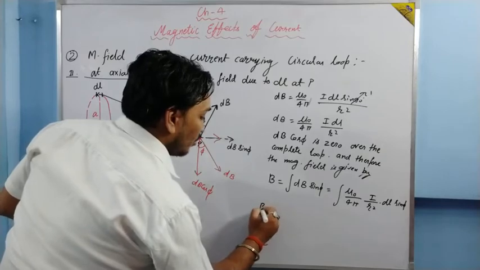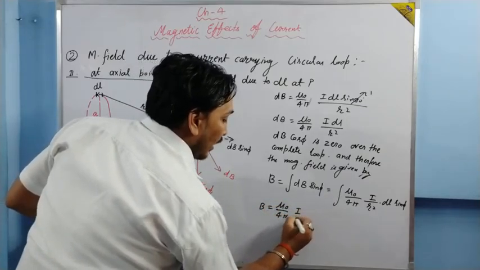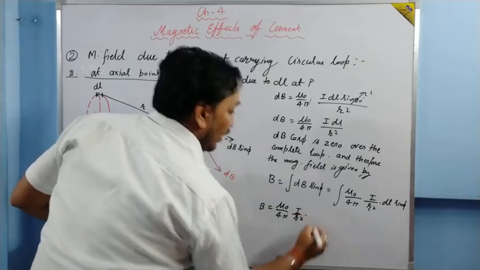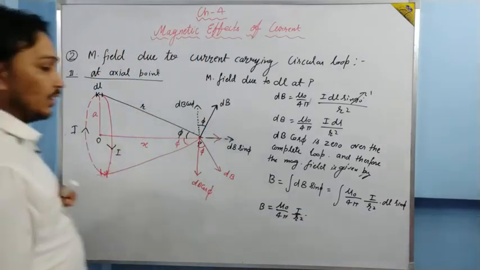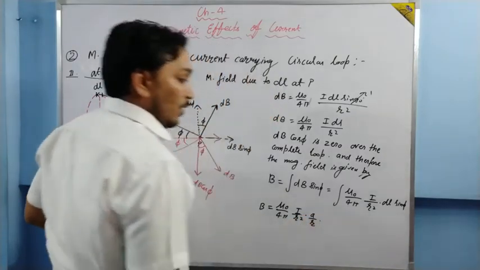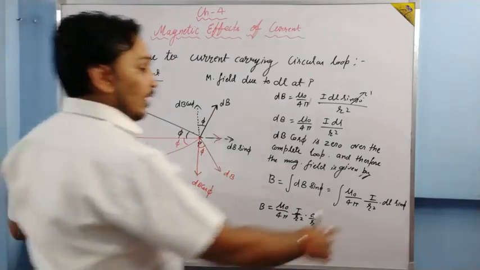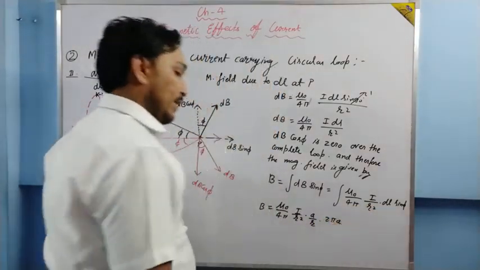So what we are going to have? Mu naught upon 4 pi I upon R square into sin phi. What is the value of sin phi here? Perpendicular upon hypotenuse. So it will be A upon R into, when dl will be integrated, we are going to have 2 pi A, the circumference.